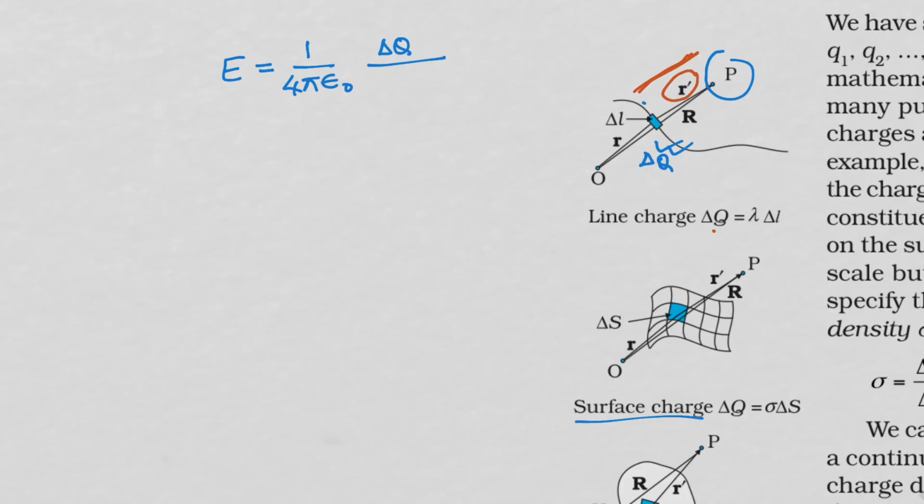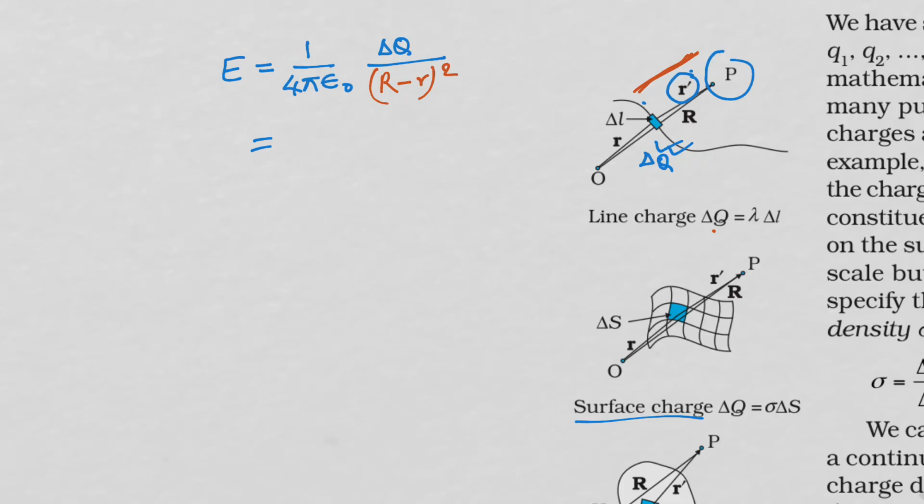Now, before that, because the origin is here, and from the origin the charge element is r distance away, and the point where we have to find the electric field is capital R distance away, the distance is actually capital R minus small r, which is written as r dash, so it will be r dash square.